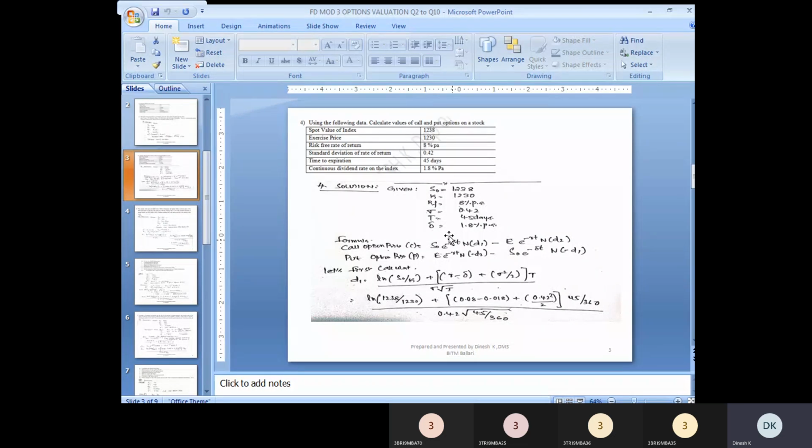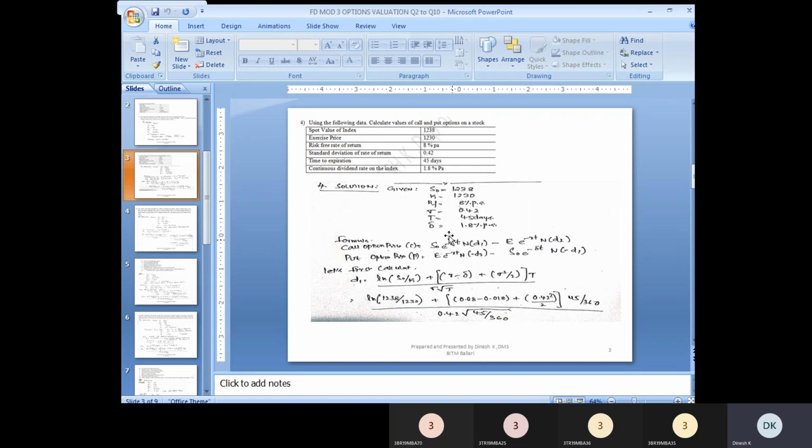P equals exercise price E, that is 1230, multiplied by exponential to the power of minus RT, where R is 0.08 multiplied by 45 divided by 360. Then multiplied by N of minus d2, whose value is 0.484.